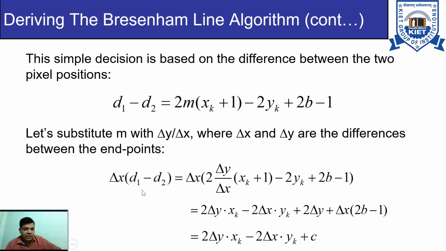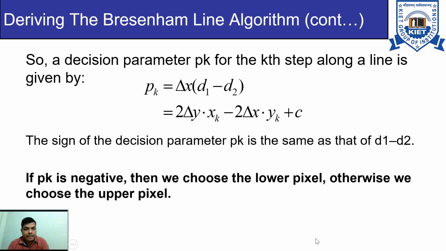So here we are taking one decision parameter, which is called the pixel parameter, and the value of the pixel parameter is defined as delta x times d1 minus d2. Substituting the value of d1 minus d2 from the above equation, we get delta x times d1 minus d2 is equal to 2 delta y xk minus 2 delta x yk plus c, where c is a constant.